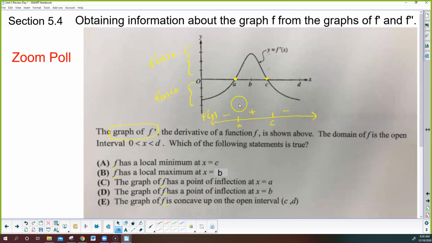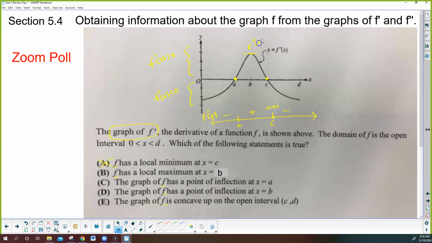Well, look at this sign chart. This might help me answer a lot of these questions. F has a local minimum at C. Well, here's C, but I go from increasing to decreasing. So this would be a maximum of the original function f. So it's not A. F has a local maximum at B. B does have a derivative of 0, but what is that derivative?